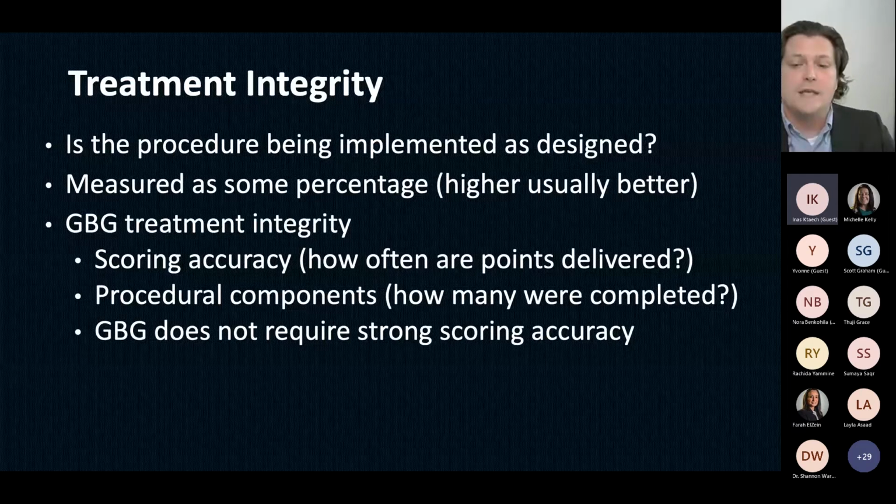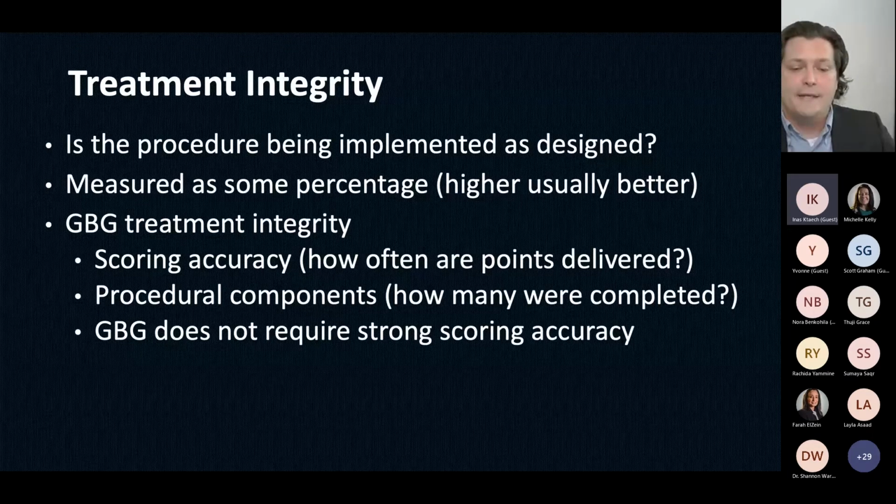The other way, and most of you may be familiar with this method of treatment integrity, is where you have a number of procedural components or steps that they're supposed to follow for an intervention. The first step would be that they announced the rules of the game. The second step would be that they announced that the game was beginning. Then they marked points on the board, and so on, all the way through the full procedure.